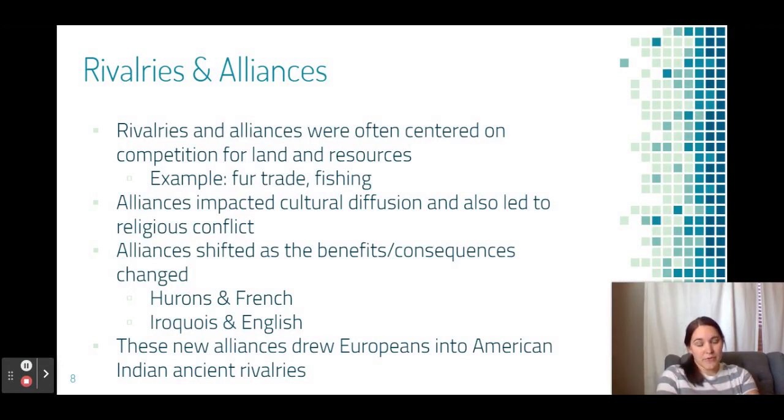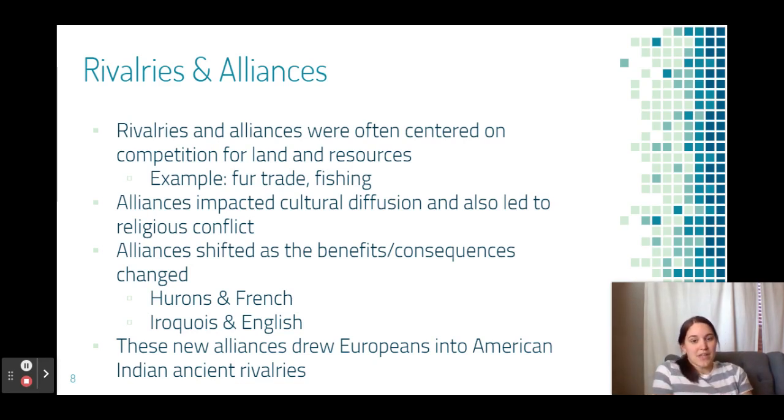Oftentimes, these rivalries and alliances are both centered on competition for land and resources. So, for example, again, the fur trade here, different American Indian tribes would have been primarily working to get the furs for European traders. And those American Indians then are in rivalry with each other as they're allied with different European powers.